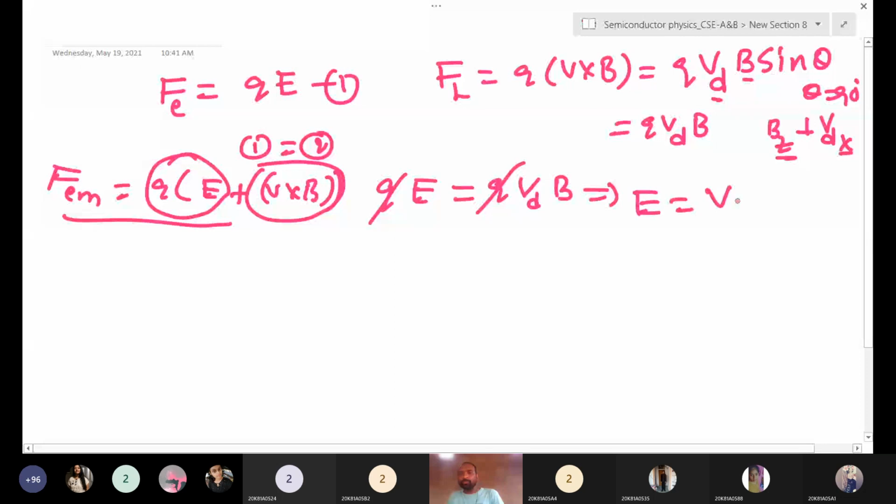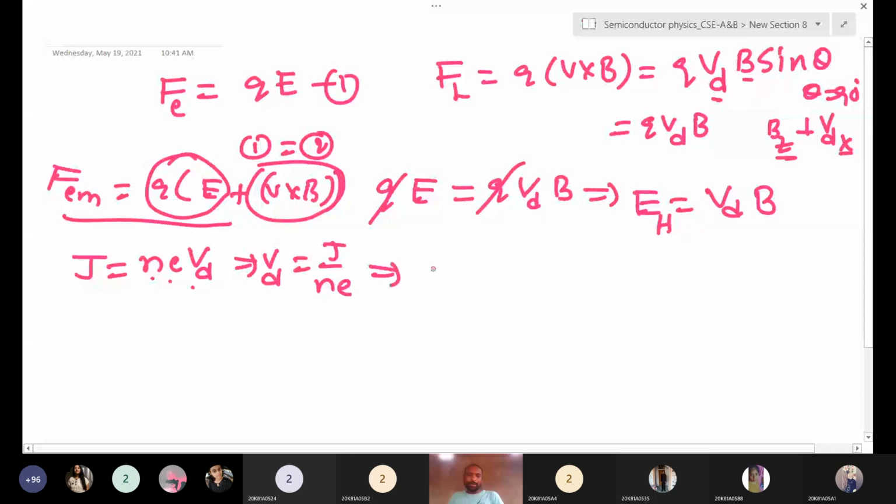Now we know the current density and drift velocity relation: J is equal to NeVD. N means carrier concentration, e means electron charge, J means current density, current per unit area, and VD means drift velocity. So VD is equal to J by Ne. From this expression, we replace VD: EH is equal to JB by Ne.